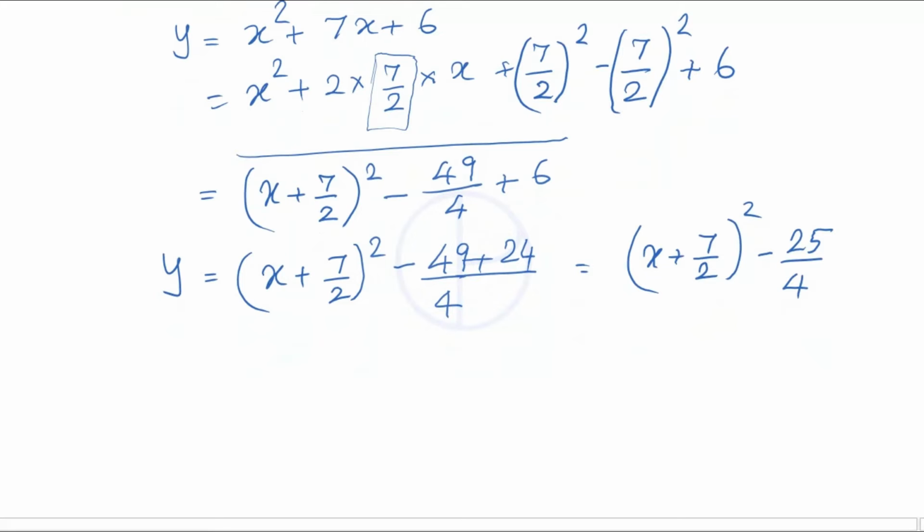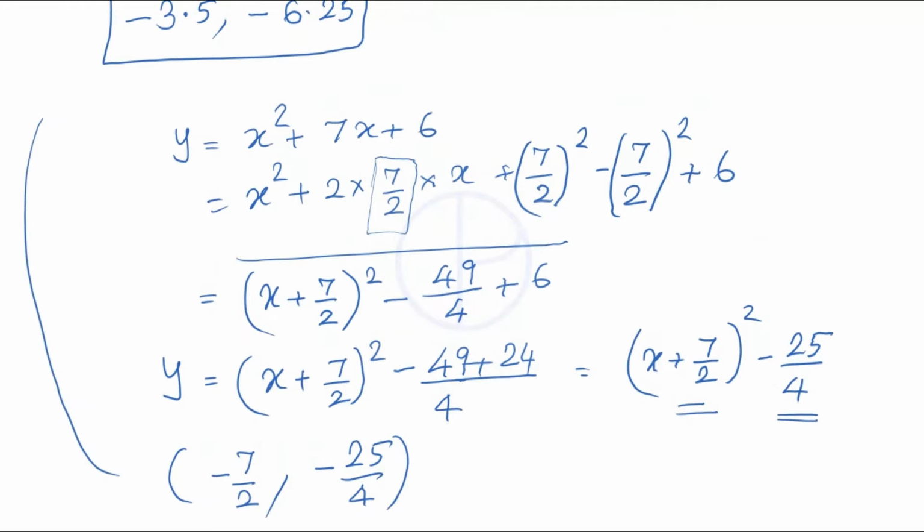So the general way of finding the vertex from the completing the square format is to take the negative of this number, so -7/2, comma, and this number, -25/4. See, both are the same. -7/2 is nothing but -3.5. -25/4 is nothing but -6.25.